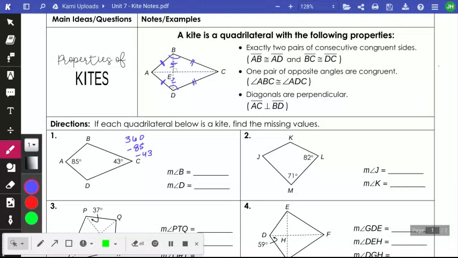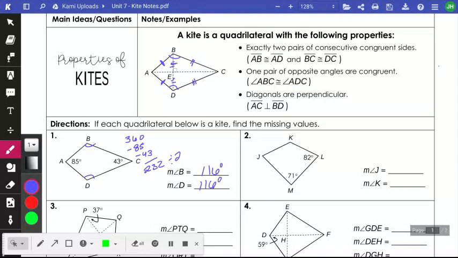So if we do that calculation, 360 minus 85 minus 43, we get 232. That's what's left for the two angles that are left over. Fortunately for us, these two angles are congruent, so all we have to do is take that 232 and divide it by 2 to split it up equally, and we will have 116 for these two angles.